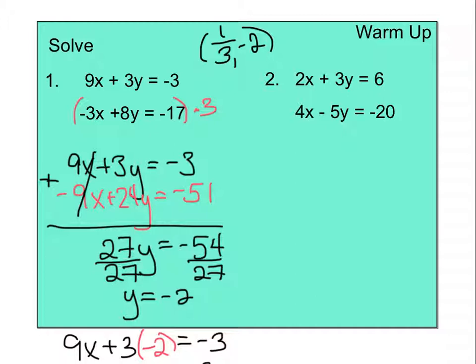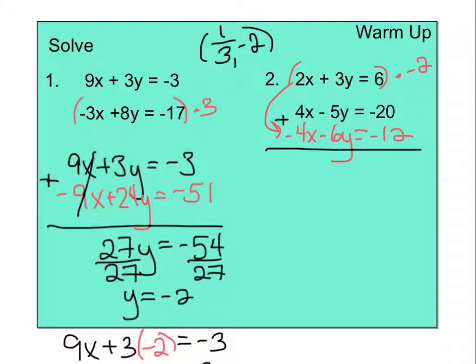Both methods are absolutely correct. I'm going to choose to do the least work, which means I'm going to multiply this top one by negative 2 to make the x's cancel. If you took care of the y's, you should still end up with the same answer at the end. So I'm going to bring this equation down here. So I have negative 4x minus 6y, because again we're multiplying by negative 2, equals negative 12.